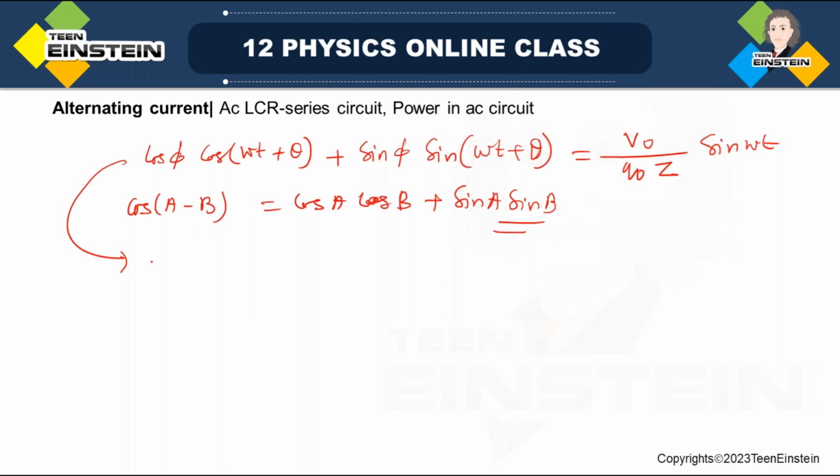So using this, I can write cosine of A minus B, let us say A is omega t plus theta and B is phi, is equal to V0 by Q0 Z sine omega t.